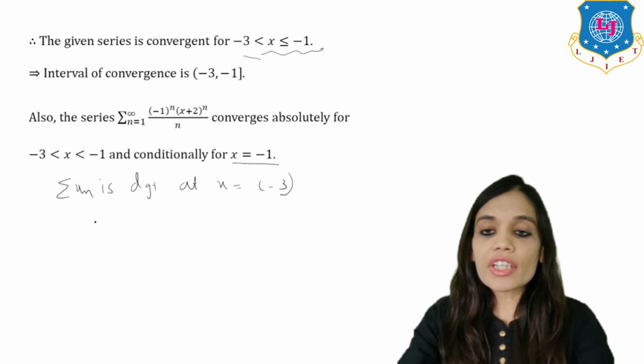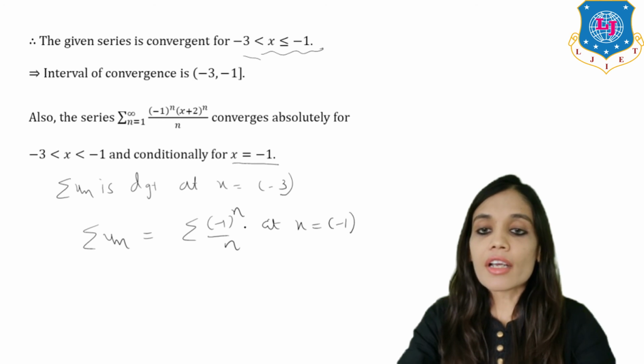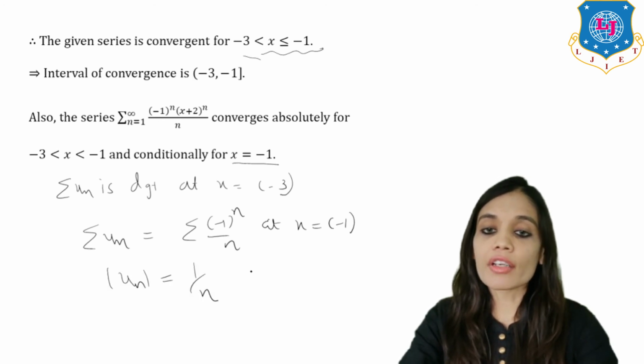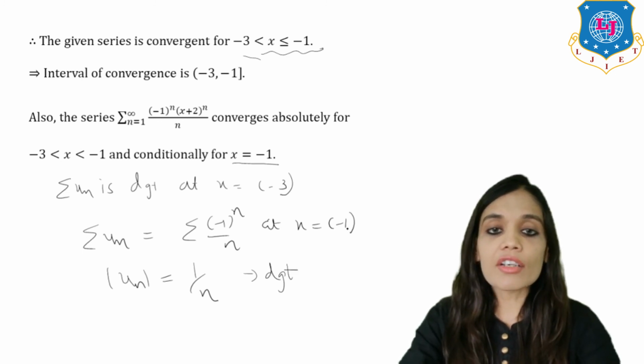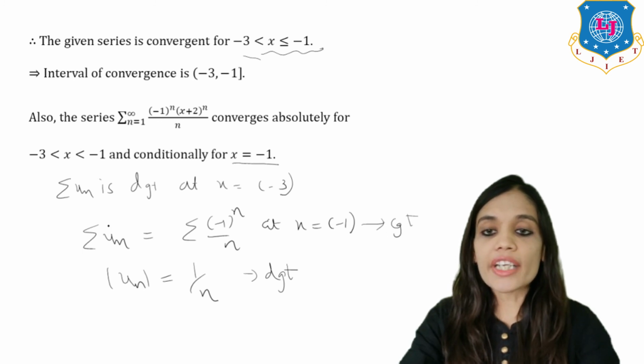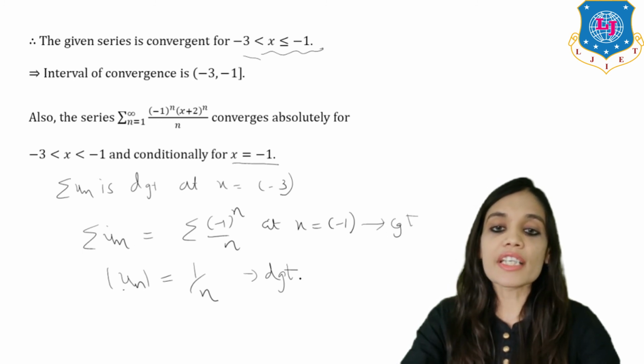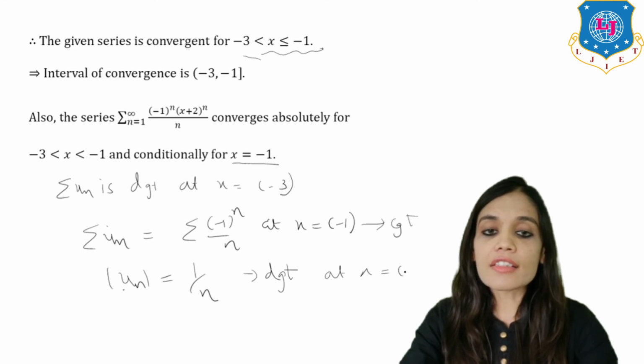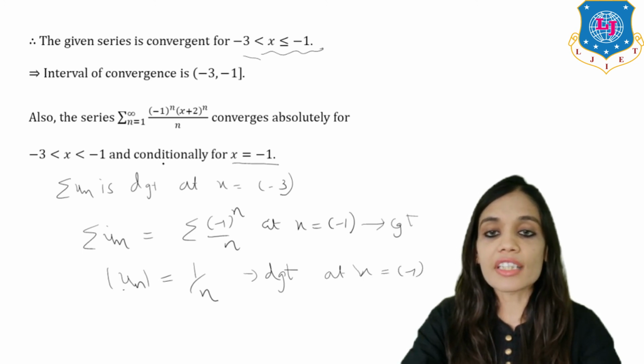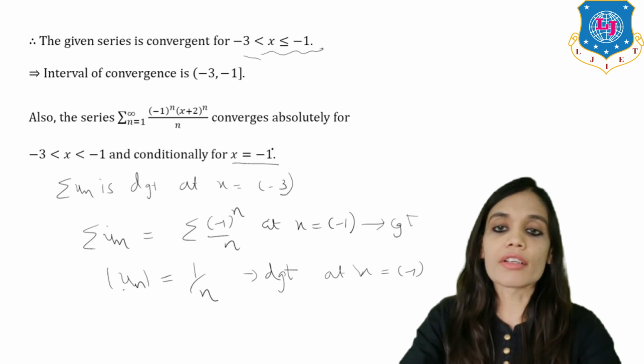And whenever we are given our summation un, that is equal to summation minus 1 raised to n upon n at x is equal to minus 1, right? Now whenever we take mod un, it will be equal to what? 1 upon n, which is divergent by P series test. Hence, this is convergent. That is, our series un is convergent, but mod un is divergent at x is equal to minus 1. Therefore, we can say that it conditionally converges at x is equal to minus 1.